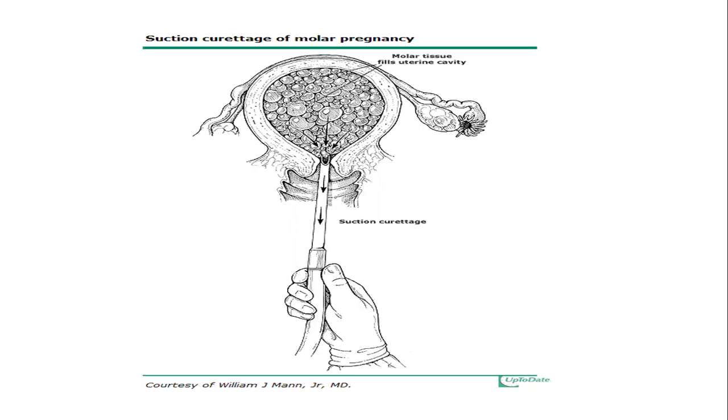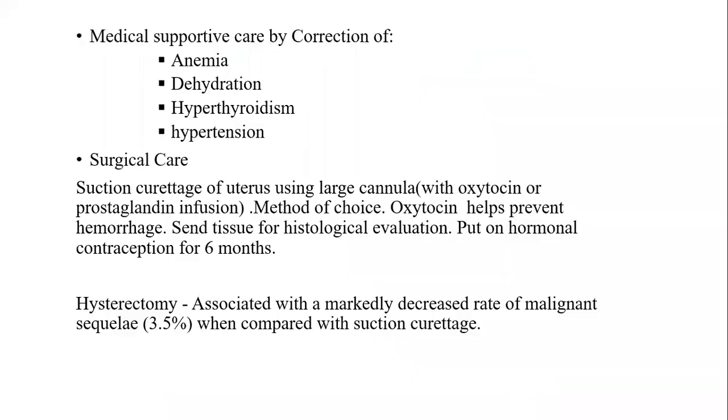Yeah, Dr. Kibet. The previous slide, the last point, you need to qualify it further so that when you graduate, you don't come out thinking that all patients with molar pregnancy should undergo hysterectomy. There is a criteria for patients that undergo hysterectomy for molar pregnancy. If they have achieved desired family size, you may consider a hysterectomy.